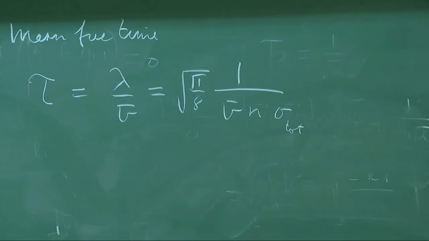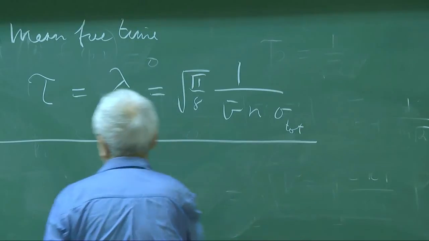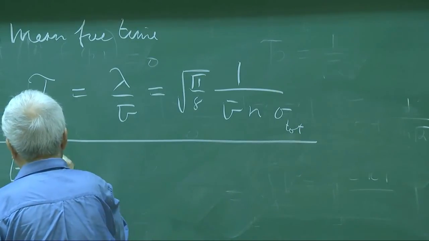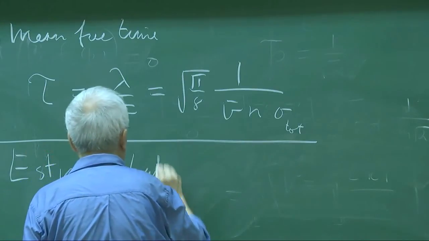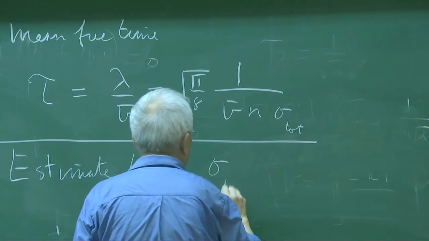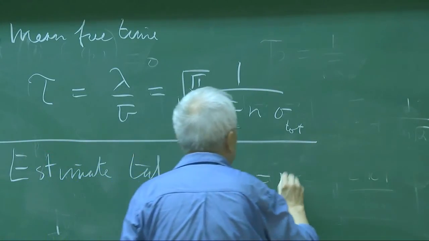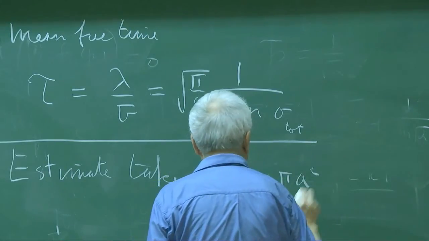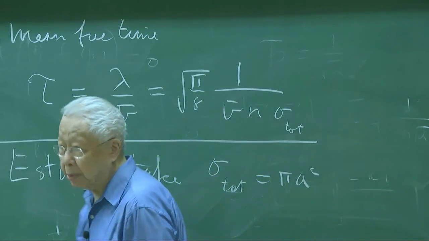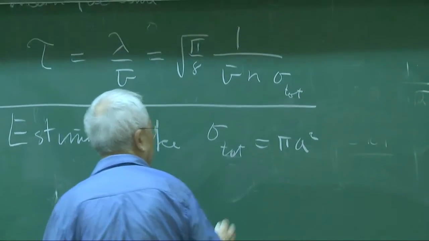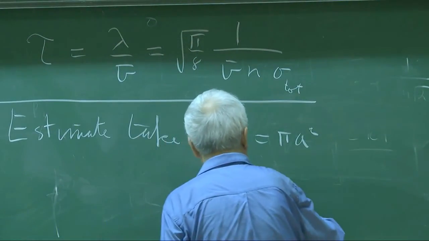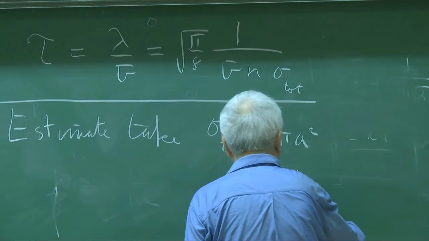So for an estimate, take sigma total equal to pi a squared, where a is of the order of atomic diameter.